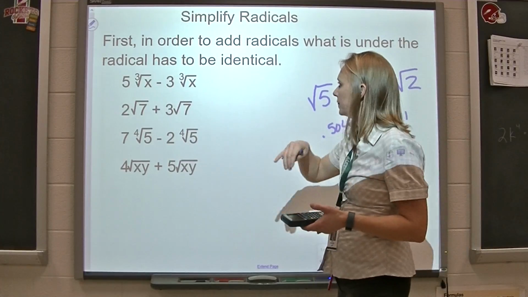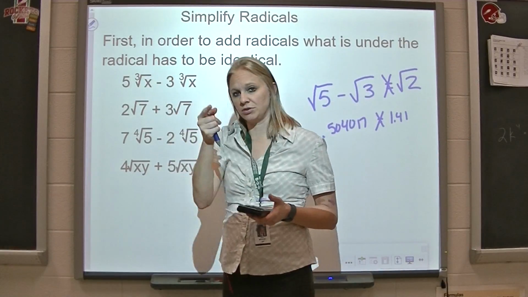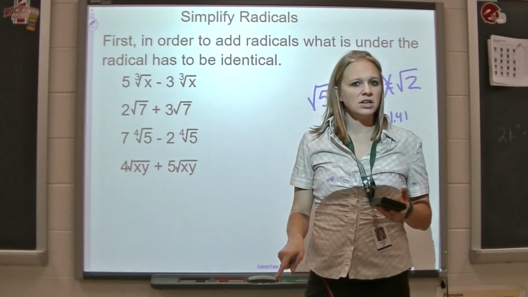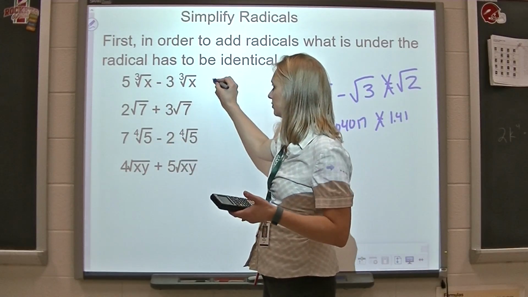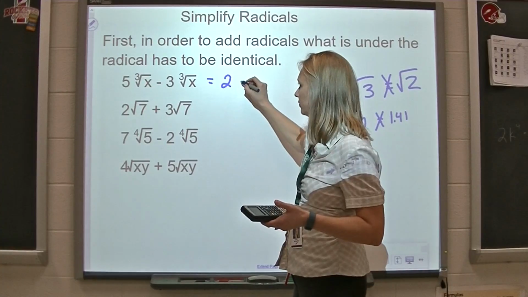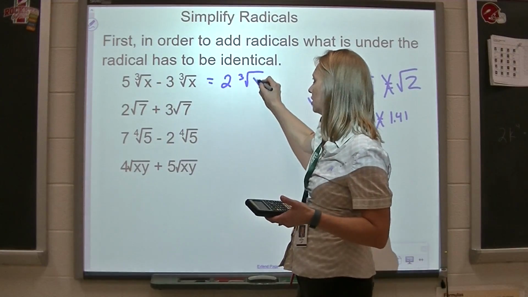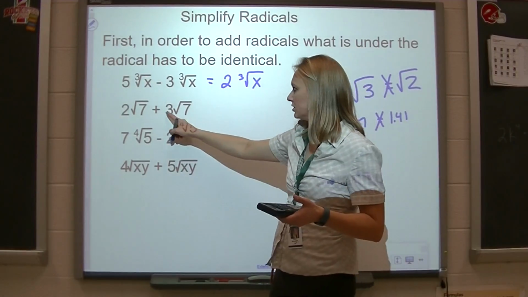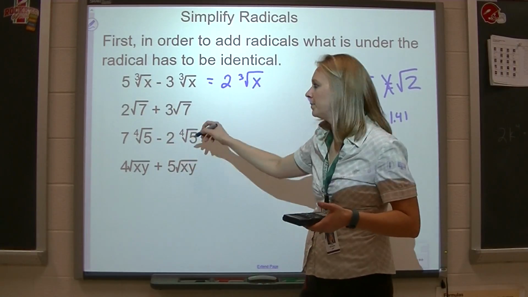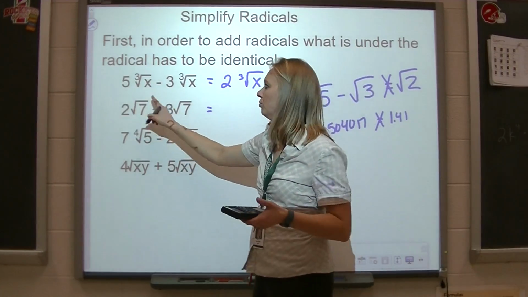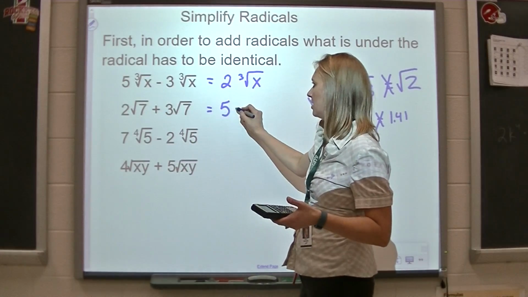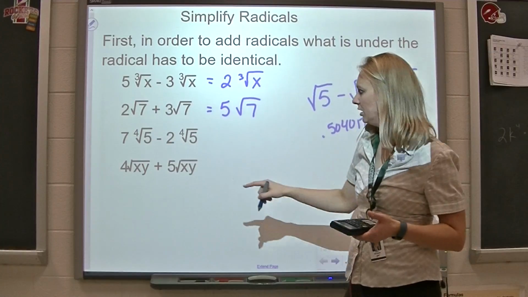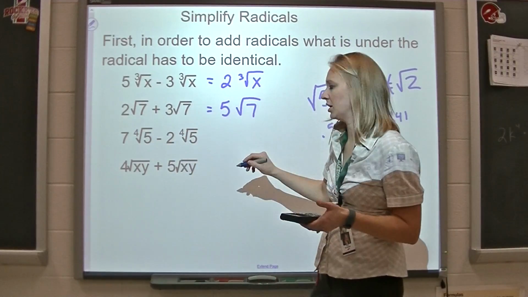So here, these are both cube roots, so that's a good sign, and it's the cube root of x. So this actually simplifies to 2 cube root of x. Okay, here, notice what's under the radical is the same. So it's going to be 2 plus 3, which is 5, square root of 7. Here, 4th root of 5, 4th root of 5, okay?